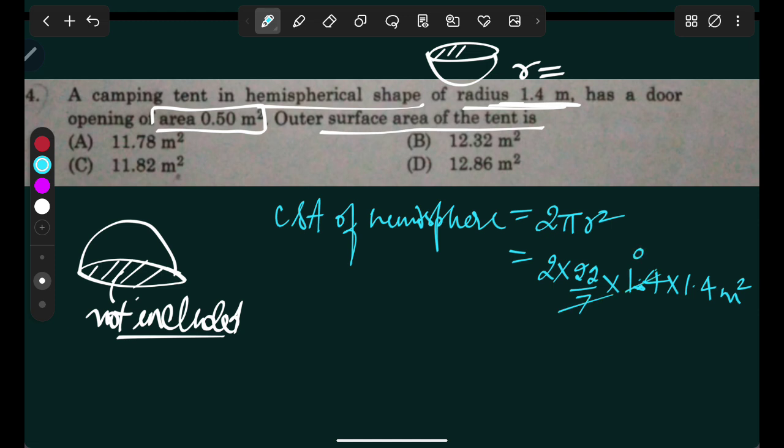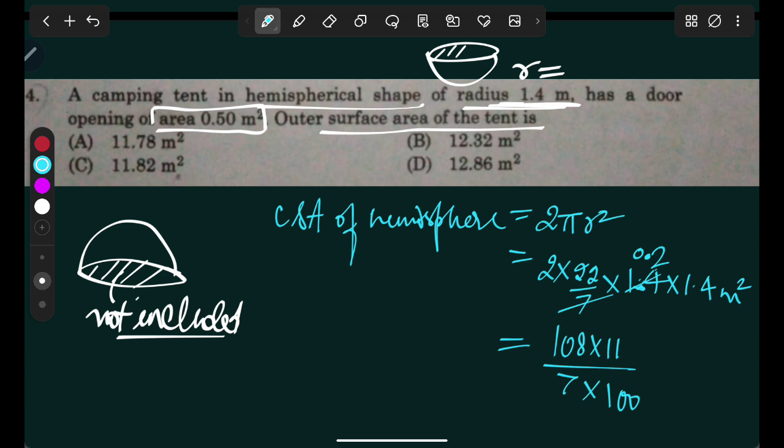This comes out to be 0.2. If you multiply 14 with 2, that is 28, and 28 times 2 is 56. So we have 56 times 2, which is 112 into 11 upon 7 into 100.